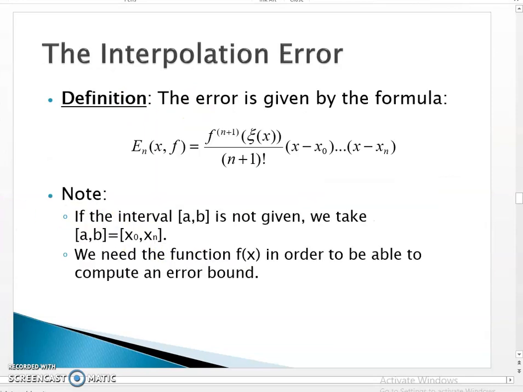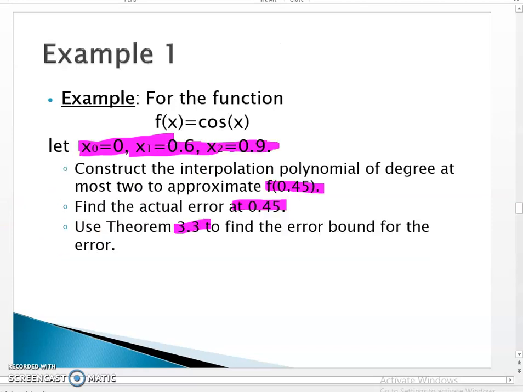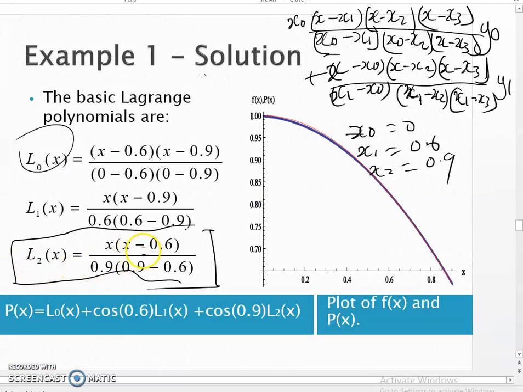If we go back to the equation that we are given, find the actual error at 0.45. So it is 0.6, which is our x1, and 0.9, which is our x2.